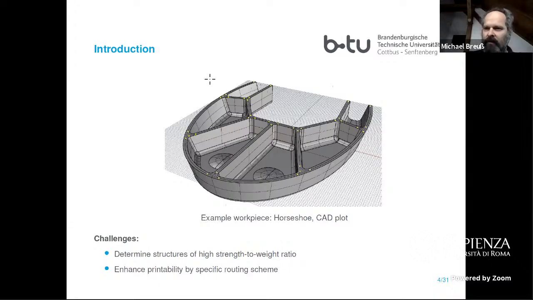Yes. So the aim was to determine structures of high strength-to-weight ratio, and you want to do it in a quick and reasonable way. Yes, and adaptive to the structure. Of course, one can always put in some structures from scratch and try to fit them in, but it is certainly not adaptive. And the other point is you want to have a certain control over the process.